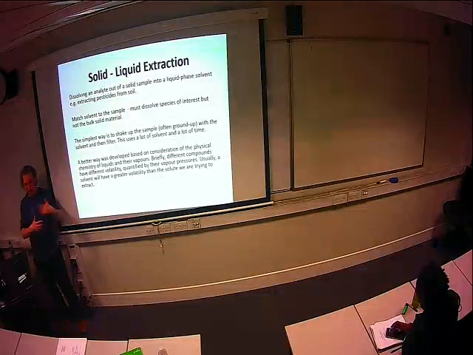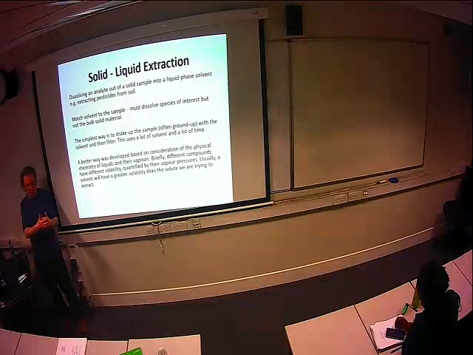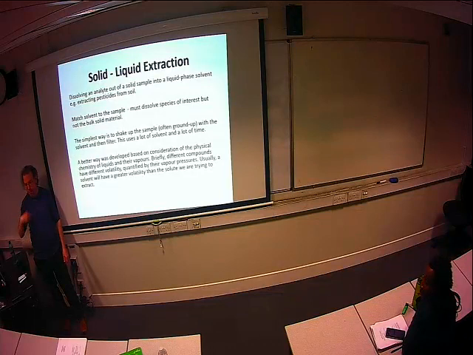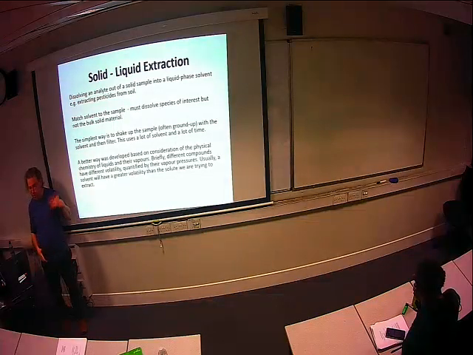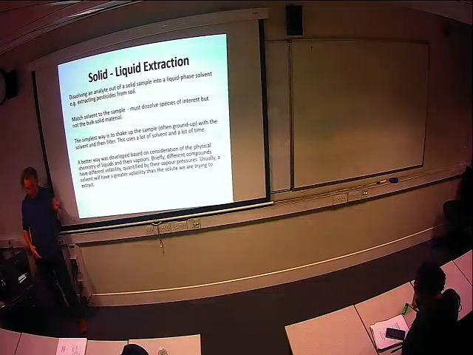So if you have a solution of your sample in the solvent, you can boil the solvent, and most of your sample molecules will still be in the liquid phase because they're less volatile. They've got a lower vapor pressure, which is how we quantify volatility.